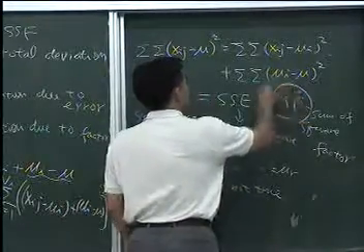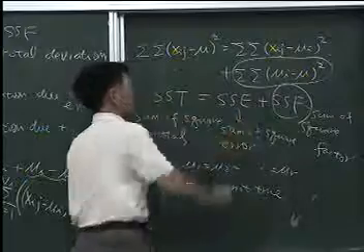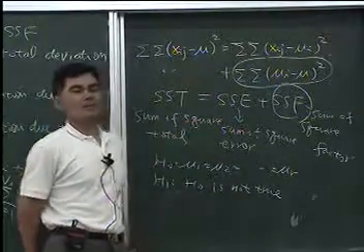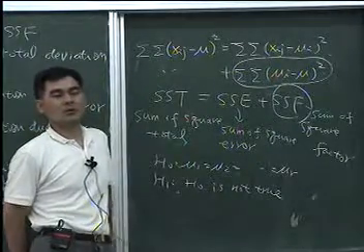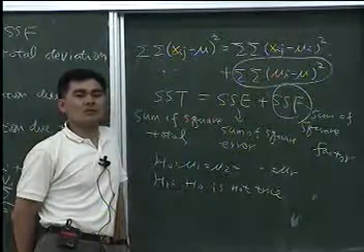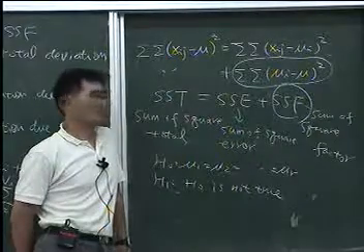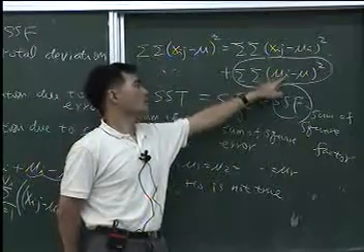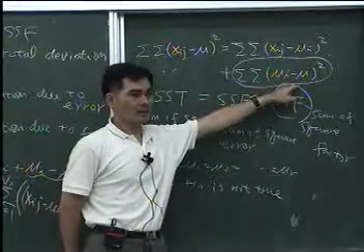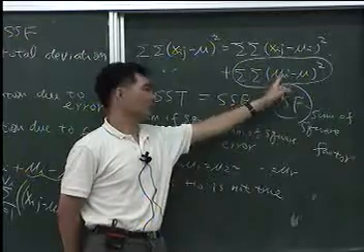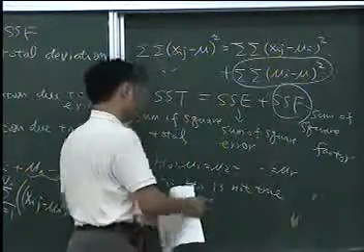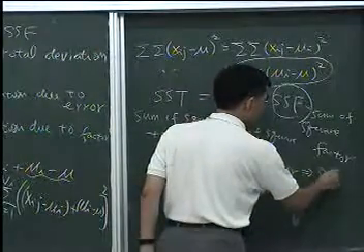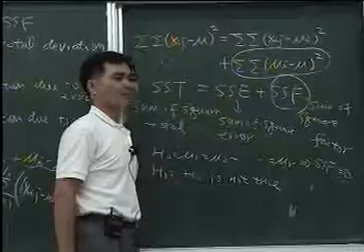This part, or in other words, this part should be equal to 0, right? Because that means each machine actually produces the same quality, okay? The products are of the same quality from the machines. If that is the case, mu I should be equal to mu, right? So that would be 0, okay? That would be 0. So if H naught is true, then we know SSF should be equal to 0, okay?